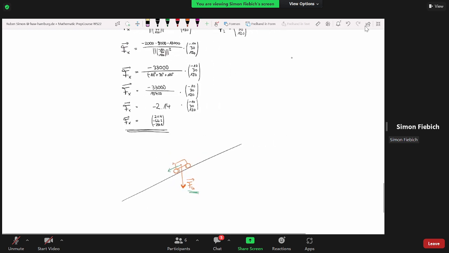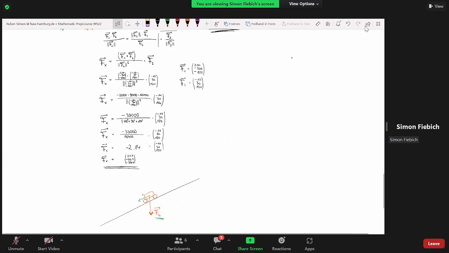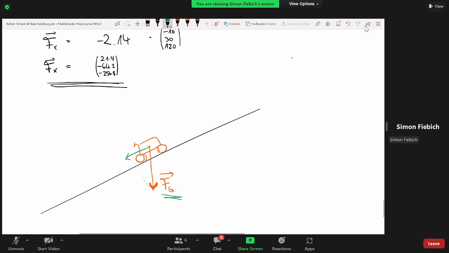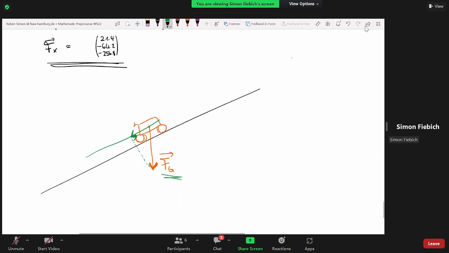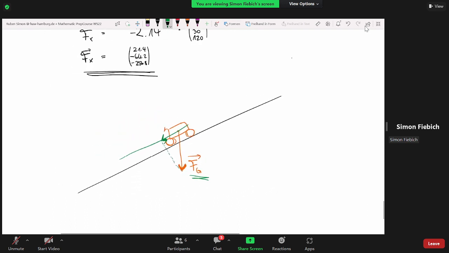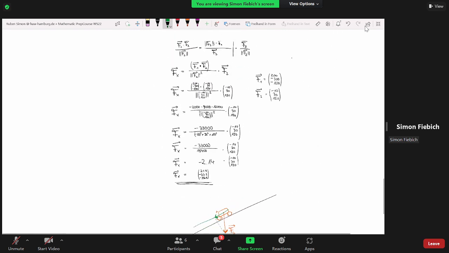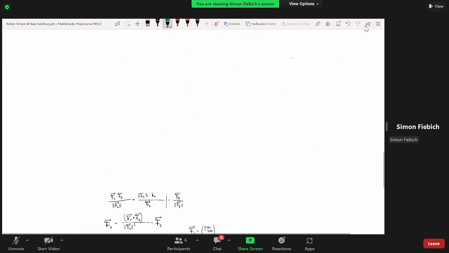You would do the projection of Fg onto this line, with this right angle, and then determine this arrow. So that's a situation where what we just did with the task applies.